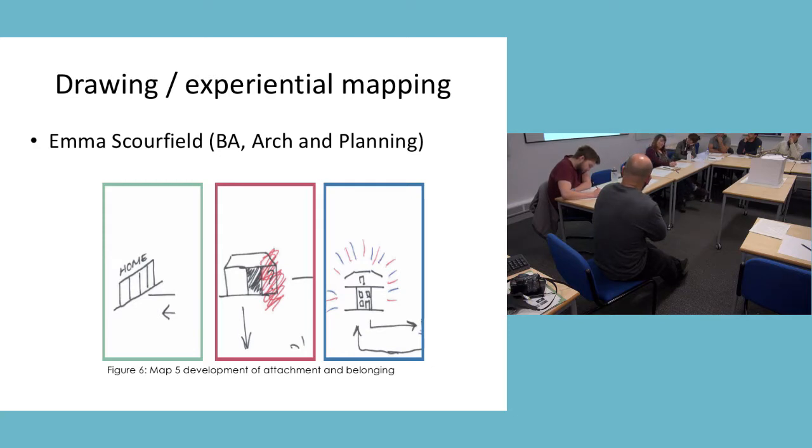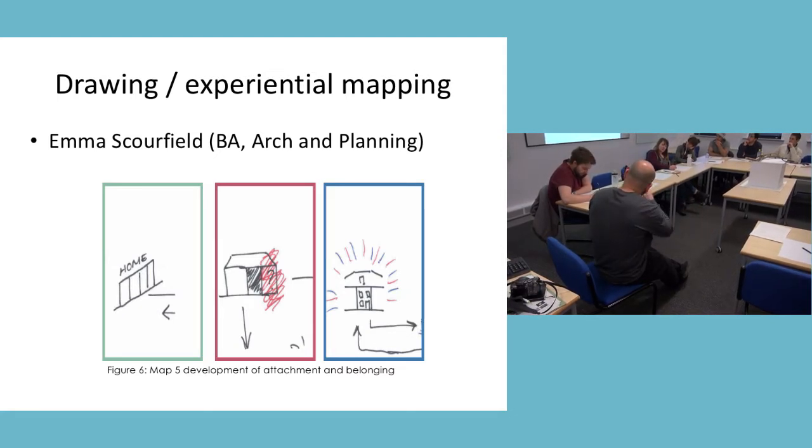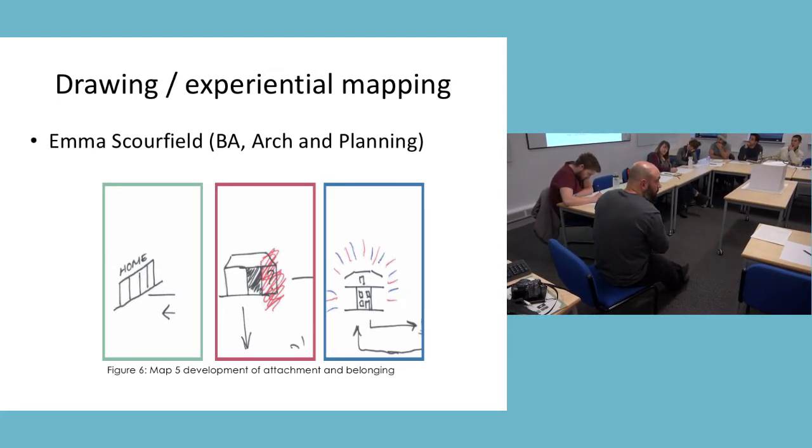The first one on the left is when they arrived, the middle one is a few months in, and the last one is when they were leaving. These are snapshots of a larger image. It's a piece of paper about this large that people would draw their whole journey on, but this is just one little bit. This is the home across time.